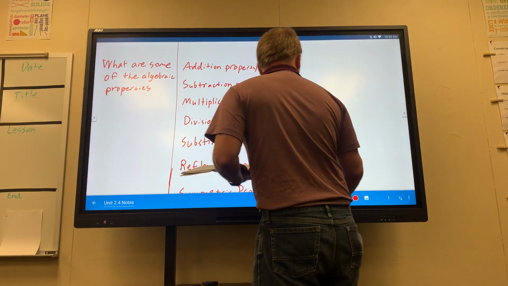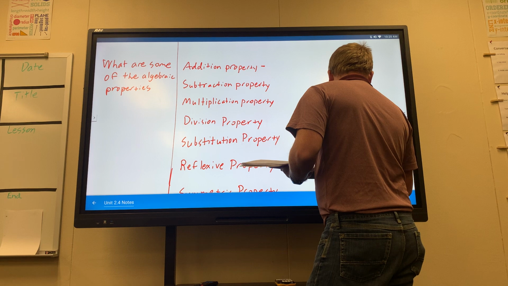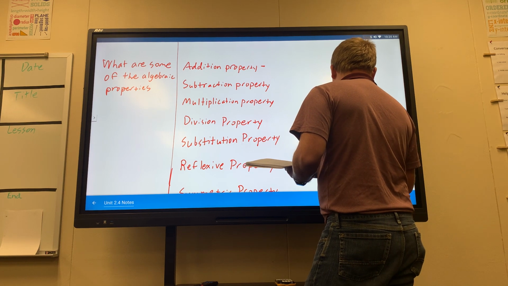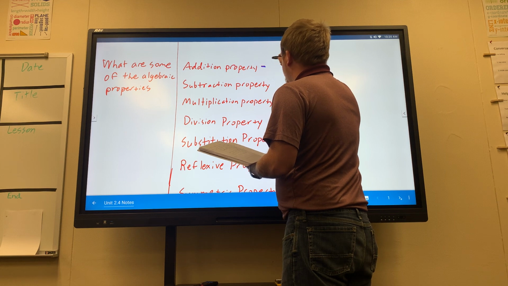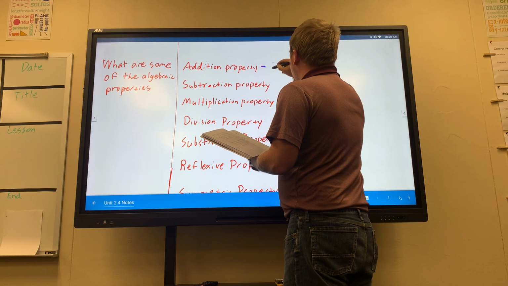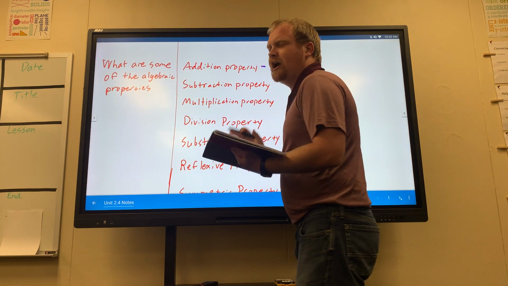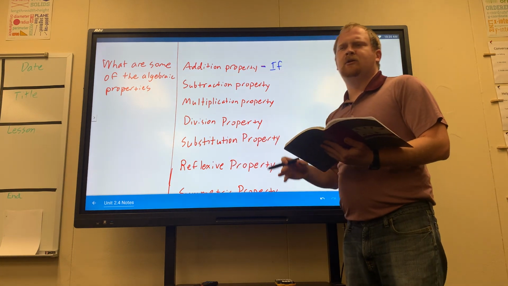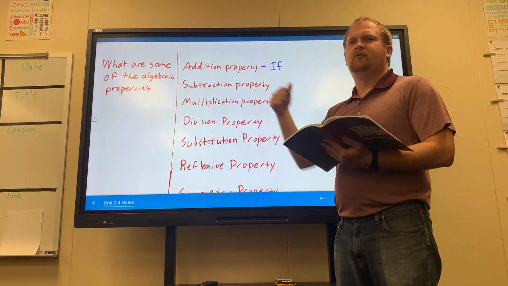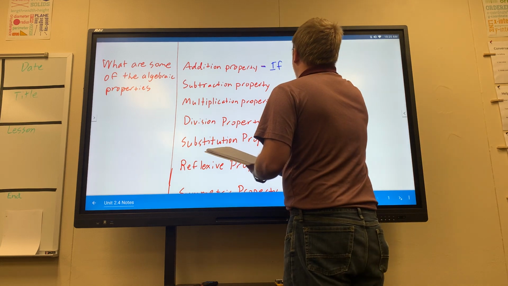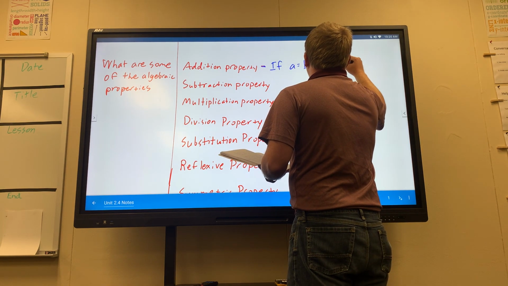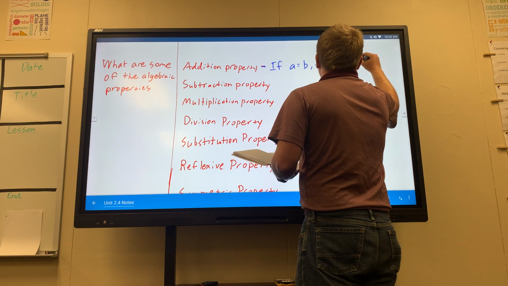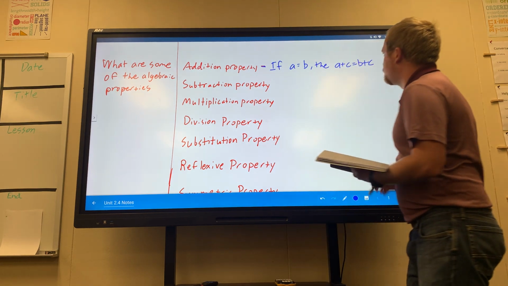So, some of the properties are as such. I'm going to write it in blue. Okay? So, if, and by the way, I'm writing this in a conditional statement, which basically means I'm doing an if-then statement. If A equals B, then A plus C equals B plus C. Okay?